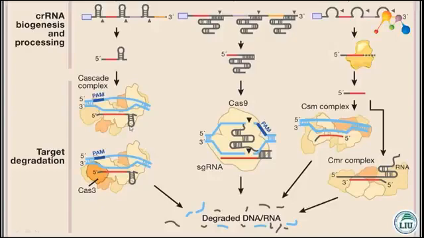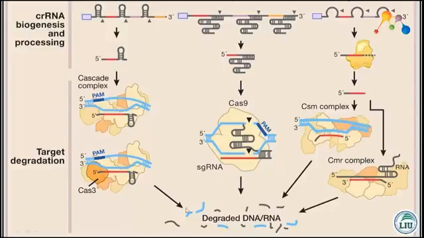So if they recognize and bind a specific sequence, they require the presence of all these subunits. A deficiency in one of these subunits will alter the activity of these types of Cas enzymes. In contrast, the Cas9 is usually composed of only one single subunit, the Cas endonuclease, and the PAM structure at the level of the DNA will be recognized by this CRISPR RNA.